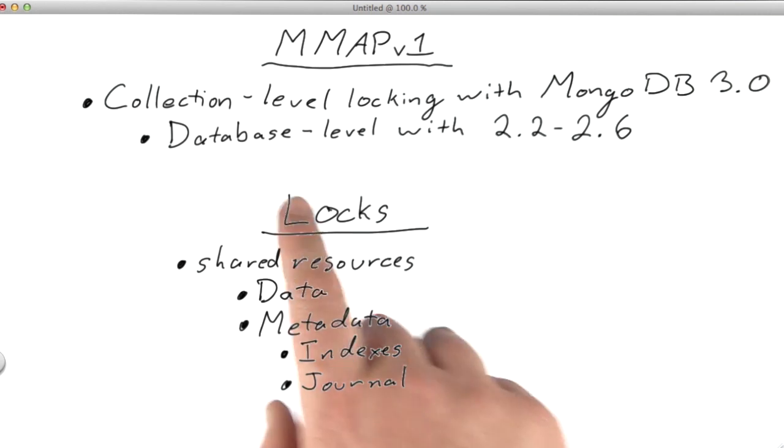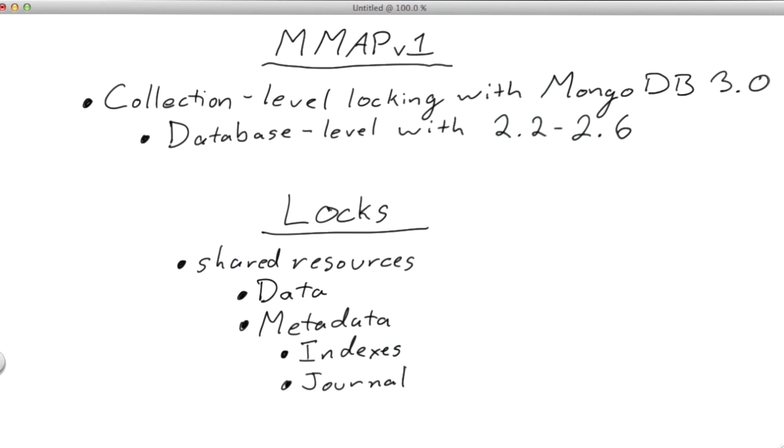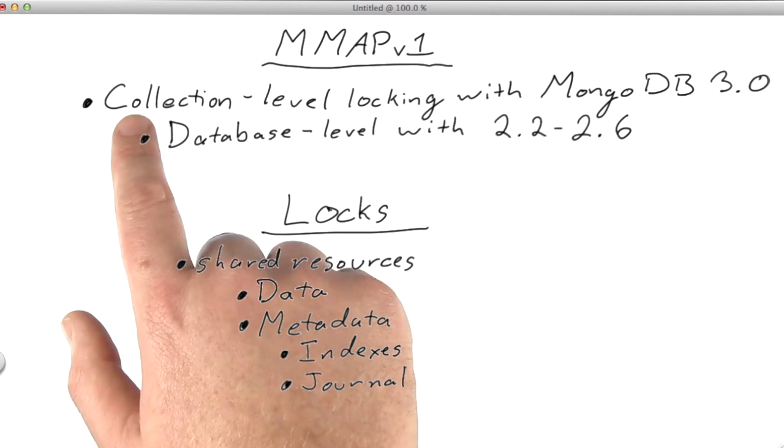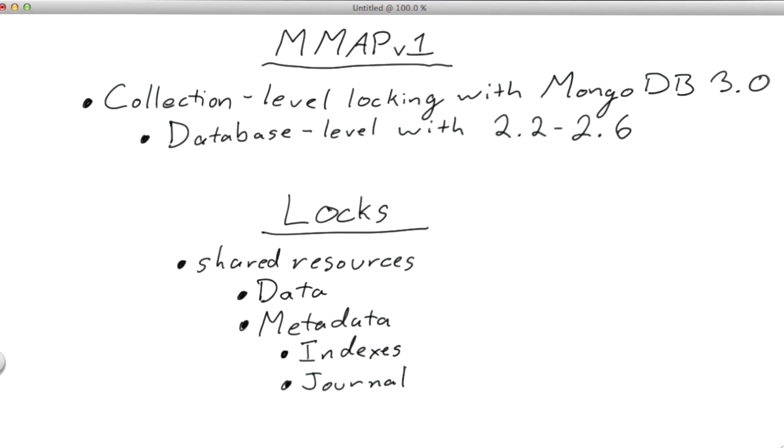You'll note that prior to MongoDB 3.0, you had database-level locking. So, if you're able to distribute your load on the server among multiple databases, you can have simultaneous writes without any conflicts. With MongoDB 3.0, you have collection-level locking, which allows for more flexibility. Even if you have multiple collections in the same database, you can still write to them simultaneously until such time as you're fully utilizing your resources.